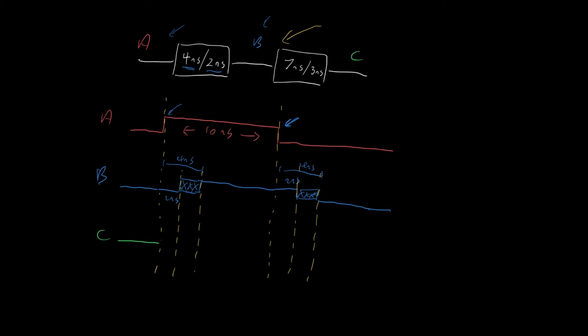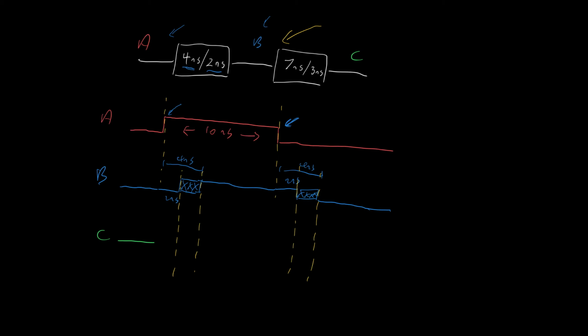Indeed, to simplify this diagram, we can and should actually remove this yellow line here and this yellow line here, because while these yellow lines influence what happens to this logic gate here, all that matters for this logic gate is its input, not the input A. So for working out what's happening in C, the time points of interest are when B is transitioning and nothing else.